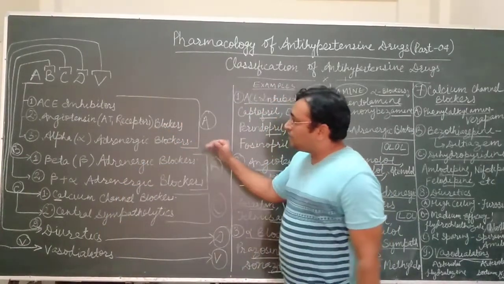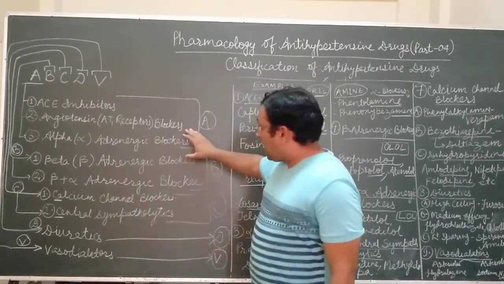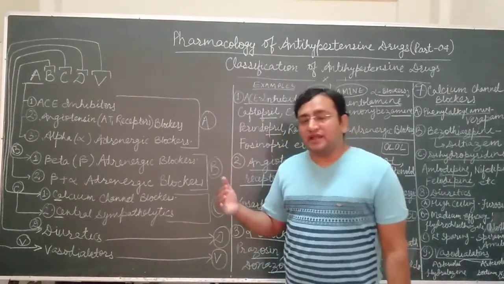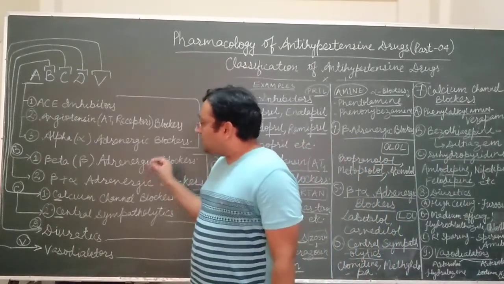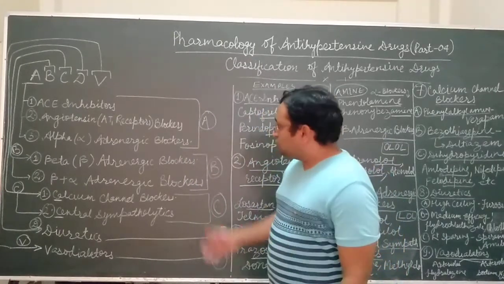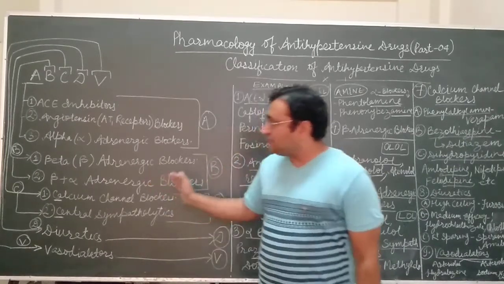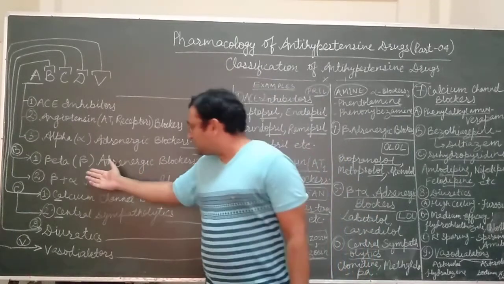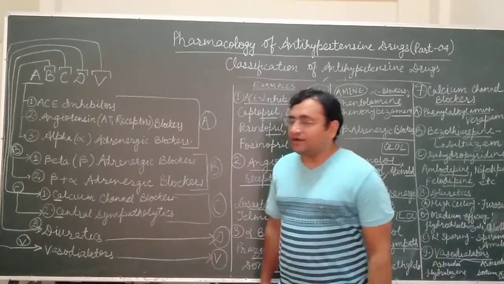So we have to reduce the blood pressure by blocking them with adrenergic blockers, so that the neurotransmitters released by the CNS through the adrenergic system will be blocked and do not work. Adrenergic blockers have 3 types here. First is alpha adrenergic blockers, second is beta adrenergic blockers, and third is beta plus alpha adrenergic blockers.